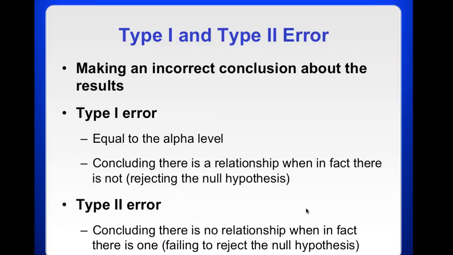So basically you said that your research hypothesis was correct and that the null hypothesis was incorrect, when in fact the null hypothesis was correct. So you should have said that there was no difference between groups, no difference between treatments. Type 2 error is when you think your intervention or your drug didn't make a difference, so you accepted the null hypothesis, but in fact you should have rejected the null hypothesis.